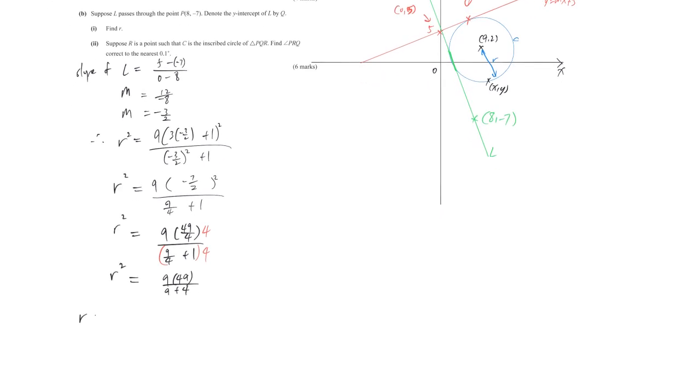We take the square root, so R is equal to the square root of 9 times 49 divided by 13, or R is equal to the negative case. But we are talking about the radius, the length, so this is rejected. We have R equal to 3 times 7 over square root 13. The question asks you to find the value of R, so this is your final answer for part B1.